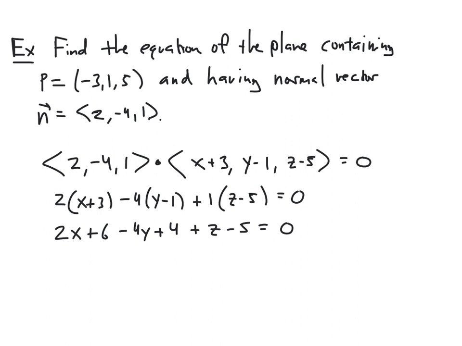And so if we kick all the constants to the right side, we have the equation 2x minus 4y plus z equals, and then on the left side here we have 6 plus 4 minus 5, so we have a plus 5, so when I move that over it becomes -5. Right? So this plane that goes through the point -3, 1, and 5 and has a normal vector 2, -4, 1 can be described by the linear equation 2x minus 4y plus z equals -5.